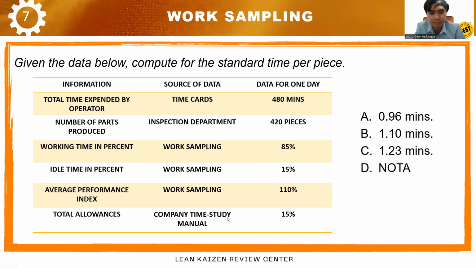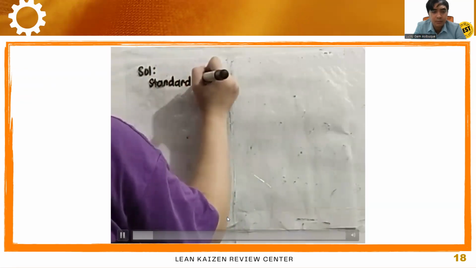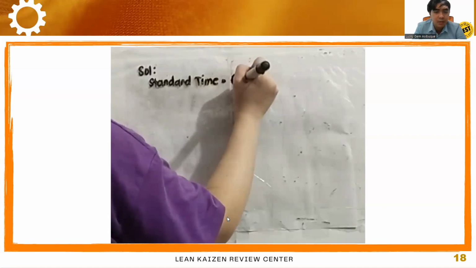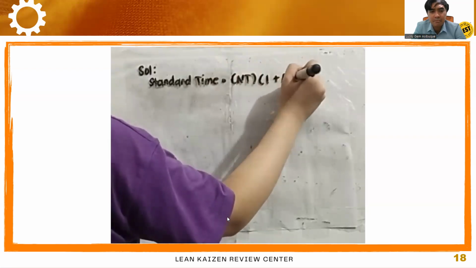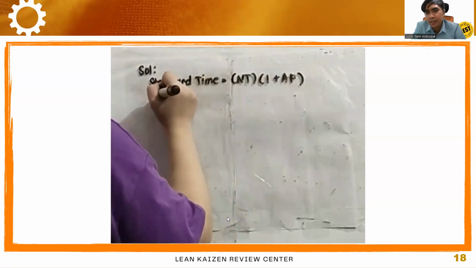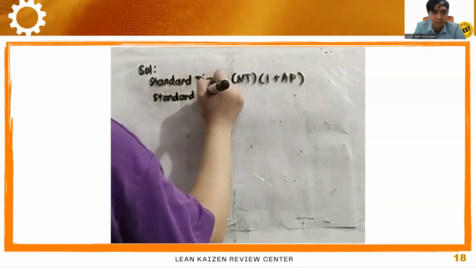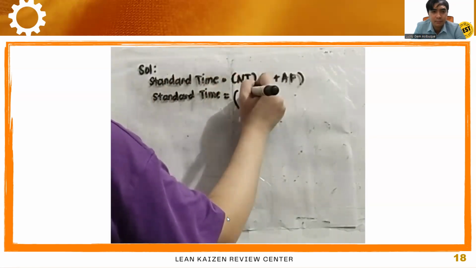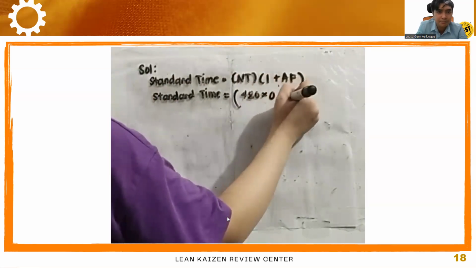So how do we solve this? So for the solution, we will get the standard time per piece. So it is equal to normal time multiplied by 1 plus allowance factor. What is our normal time?